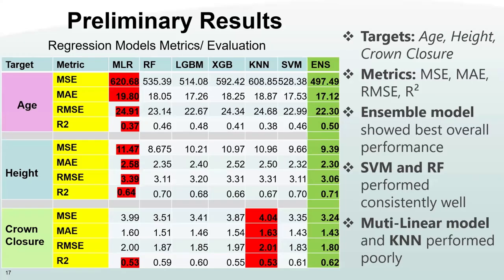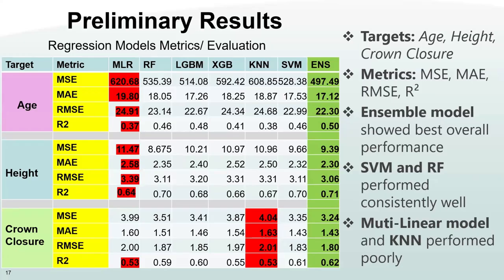Some preliminary results that we got from this modeling process for our regression models' performance: we used metrics like the model error and R square. And we found that the ensemble model showed the best overall performance.